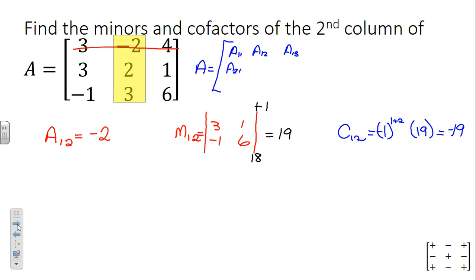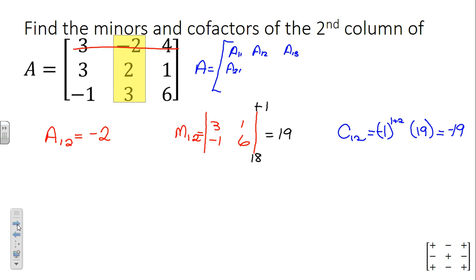Okay, so I just took my row number plus my column number to see what my power is going to be for the -1. If that is an odd power, it will make it a negative, and if it's an even power, it'll be positive. And I take that number times my minor for that particular element. Okay, so far so good?